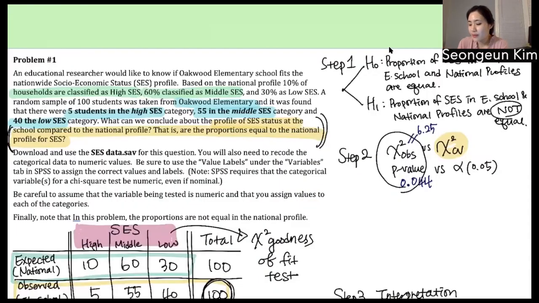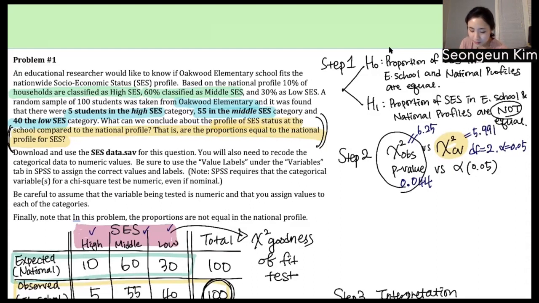Since degrees of freedom is the number of categories minus 1, and we have 3 categories, high, middle, and low, my degrees of freedom is 2, and my alpha is 0.05. So if we look in the chi-square table, with degrees of freedom 2 and alpha 0.05, my critical value is 5.991.